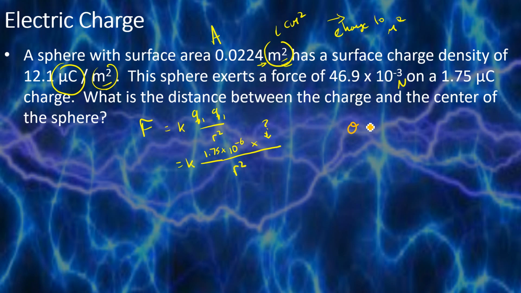So our charge density is defined as charge over area. This time we are told the area is 0.0224, and we're told the charge density is 12.1. Now notice it's microcoulombs per meter squared. That's going to be important because we know in the end, when we solve this, our Q is going to be in microcoulombs as opposed to coulombs.